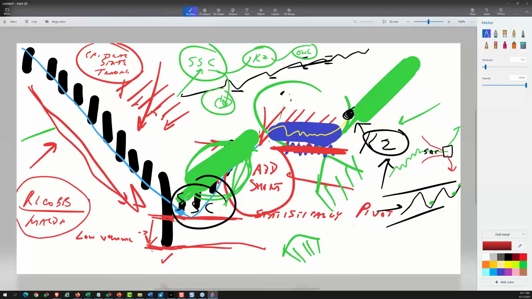Very precise, which means that we know exactly, we already know when this RL10 reverses, and before it even enters, we already know where we're going to get out and if we're going to stop and reverse.